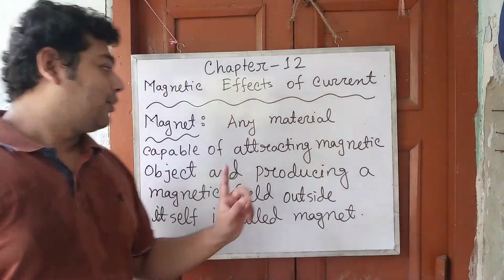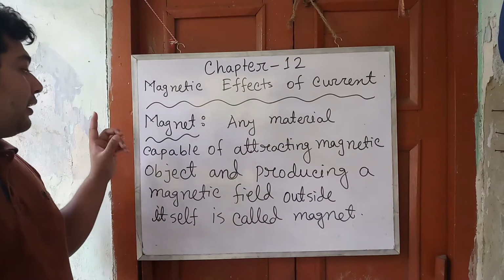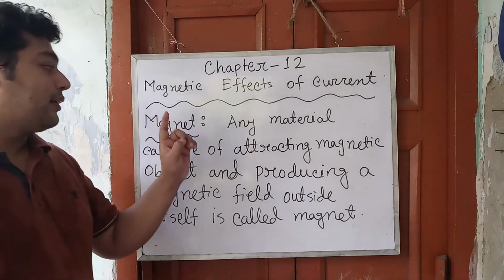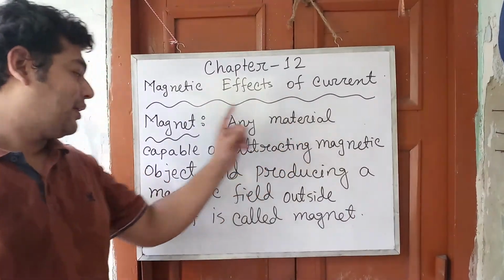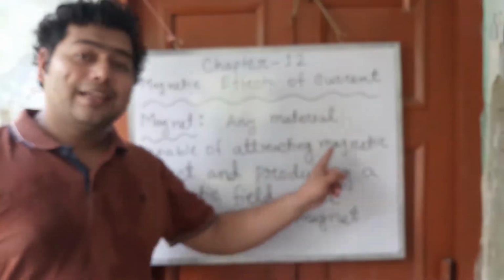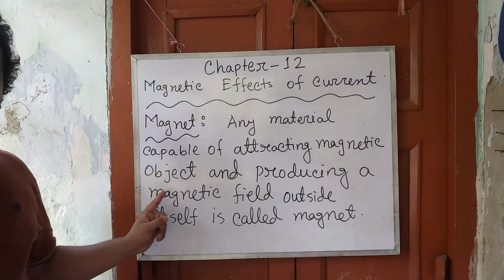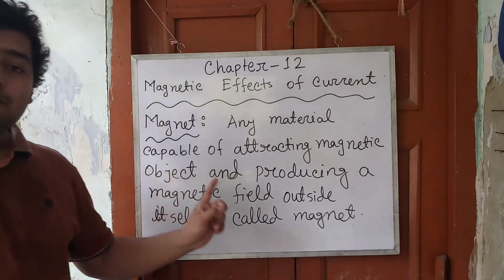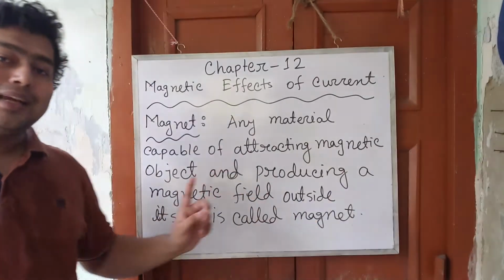Okay, I am repeating again. What is a magnet? A magnet is any material capable of attracting magnetic objects and producing a magnetic field outside itself.